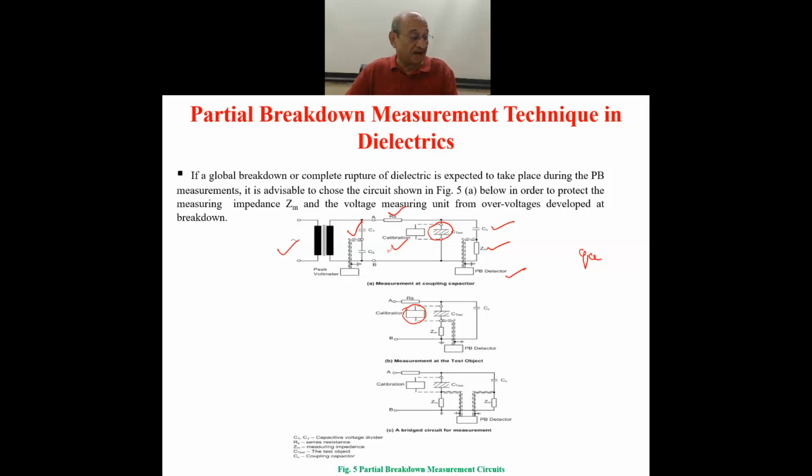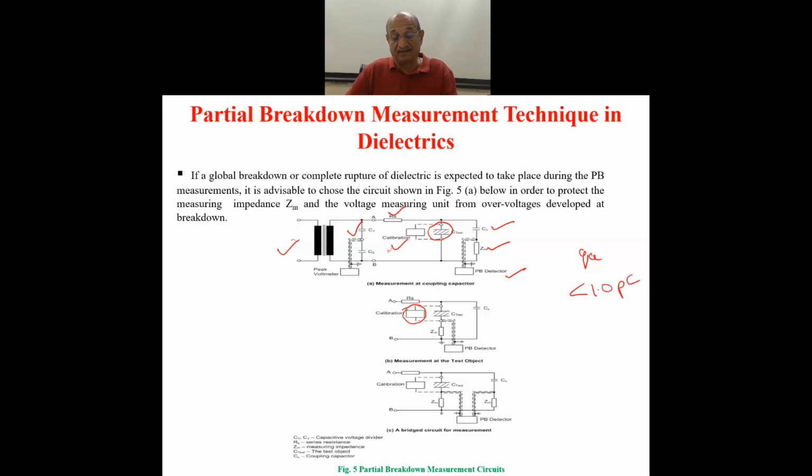The apparent charge can be set in such a way that it can be detected by your detector to the order of less than 1.0 picocoulomb.